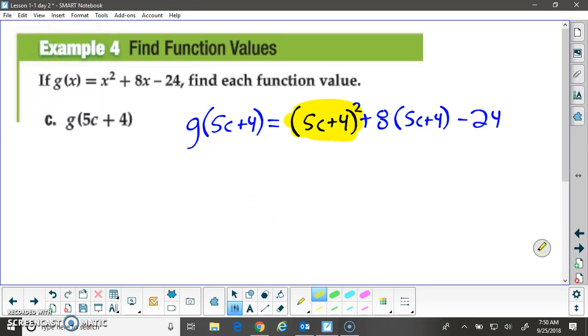A lot of people think you can distribute that exponent, but that's what I call an algebra 2 mistake. You cannot distribute that exponent. So instead you have to write out the 5c plus 4 twice, and you'll need to FOIL that. I'll also distribute.